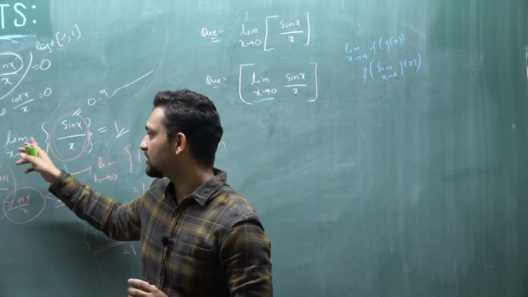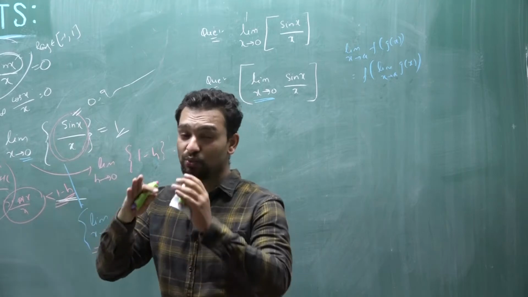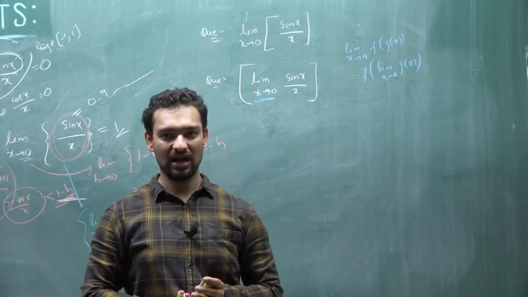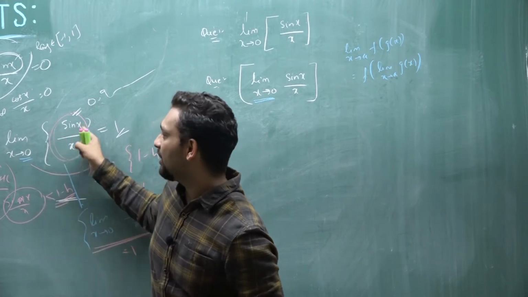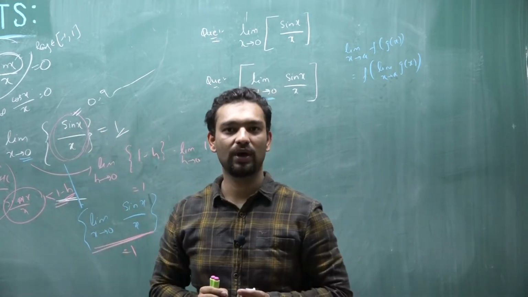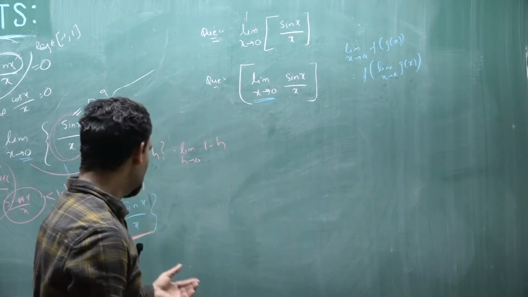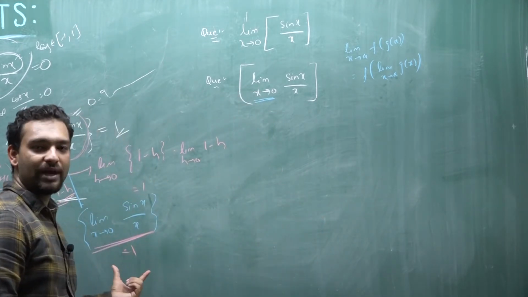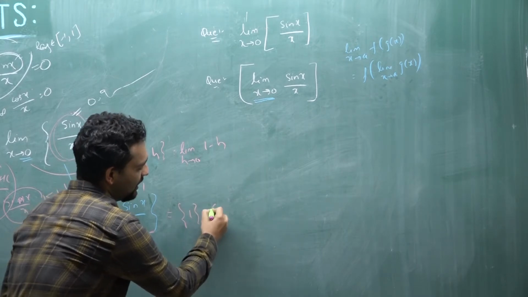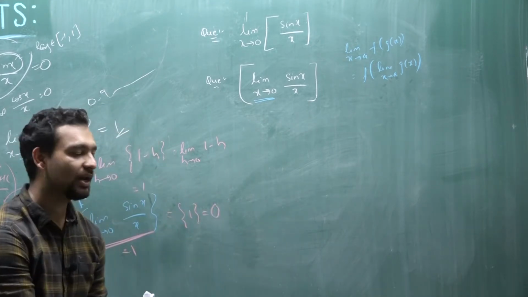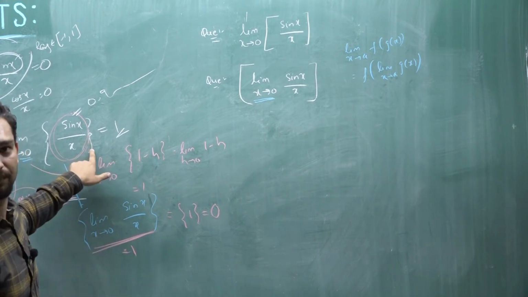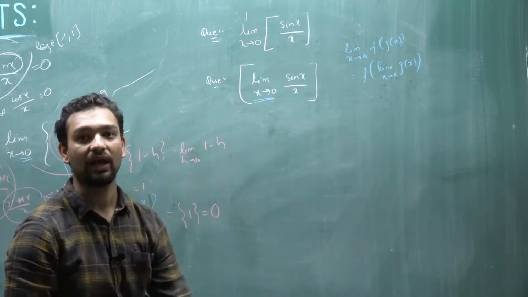But earlier, sin x upon x was initially inside the fractional part function, and then the limit was applied. So there the value was coming out to be 0.999, which made it equal to 1. But here this value will always be 1. So what will be the fractional part of 1? It will be 0. This value will always come out equal to 0, and it will not be equal to the earlier one.